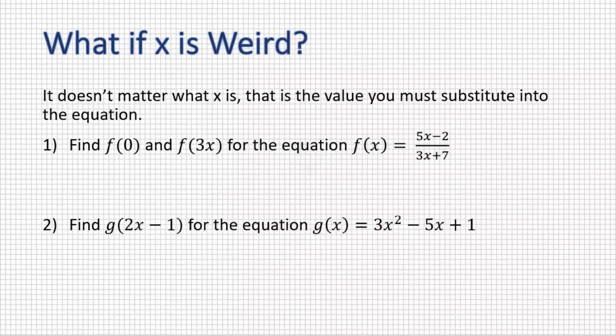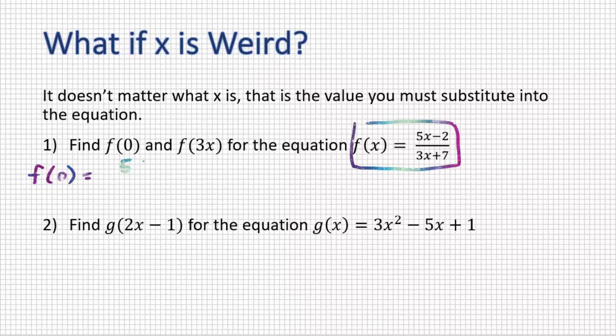And then finally, what if x is not a number? What if it also contains variables? Using function notation, this is very easy to do. So for this first question here, we're familiar with the first one. If we'd like to find the value when x is equal to 0, we simply substitute 0 into our function.